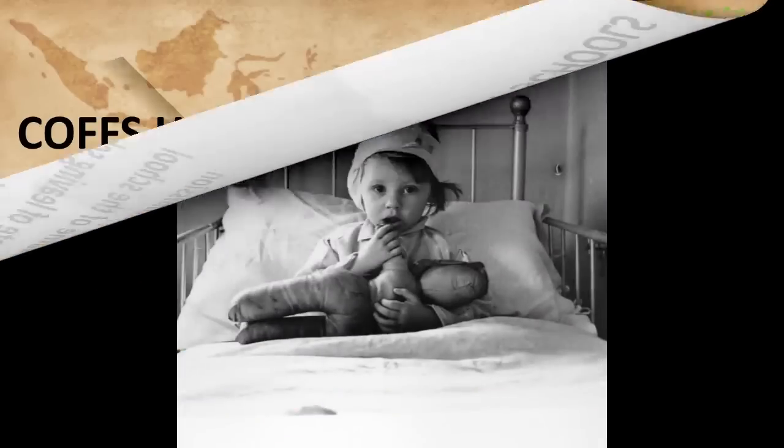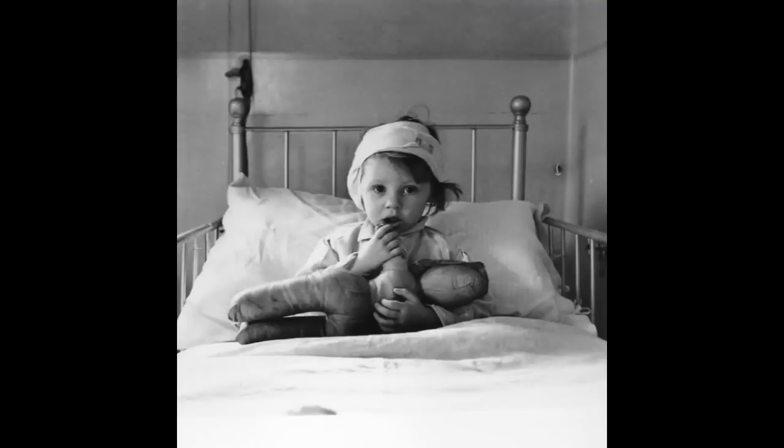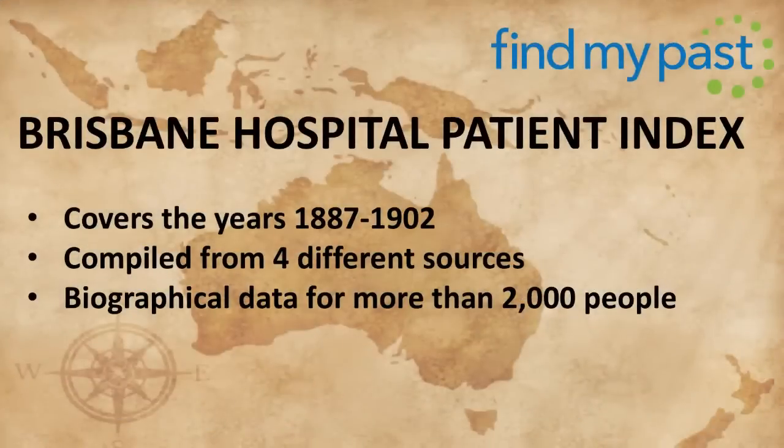Or maybe you had ancestors that were ill at some stage which required hospitalisation in Queensland. The Brisbane Hospital Patient Index, which covers the years 1887 through to 1902, was compiled from 4 different sources held at Queensland State Archives and includes biographical data for more than 2,000 men, women and children.